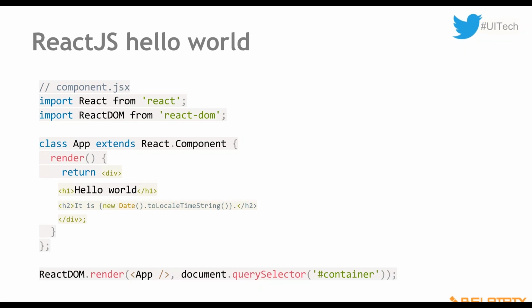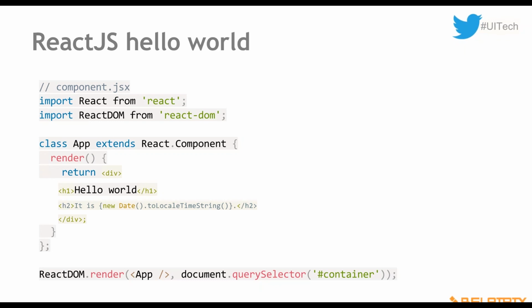Then you have to import ReactDOM from react-dom. We'll see why. Then we have a class definition that extends React Component that will expect to have a render method on that class.